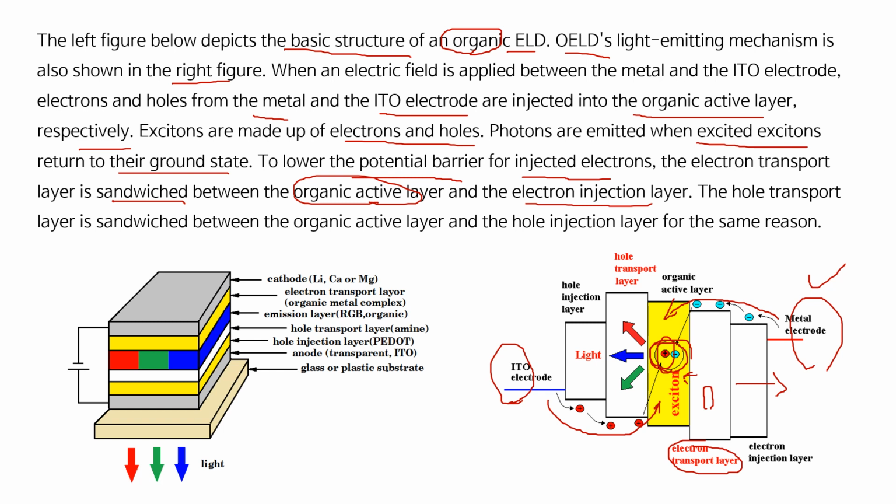The hole transport layer is sandwiched between the organic active layer and the hole injection layer for the same reason. So here the hole transport layer is sandwiched between the ITO and the active layer.